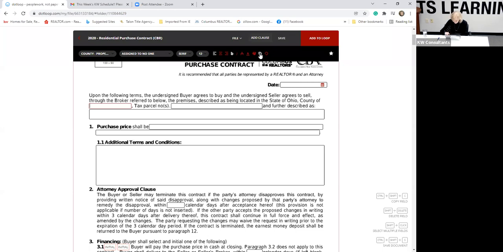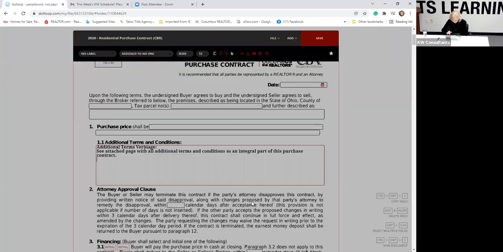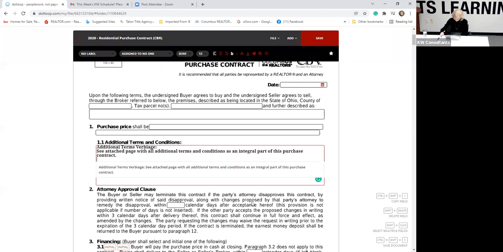Maybe there's something in there that you want to add. So you would click on additional terms and conditions, add a clause, and then maybe you just want to do number one here about additional terms and verbiage on an additional page. You click it and you add it. So there it is.